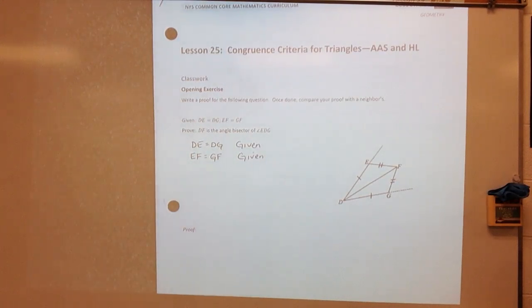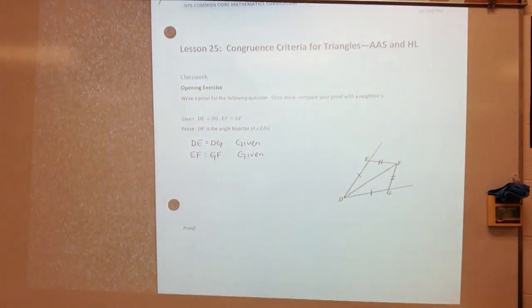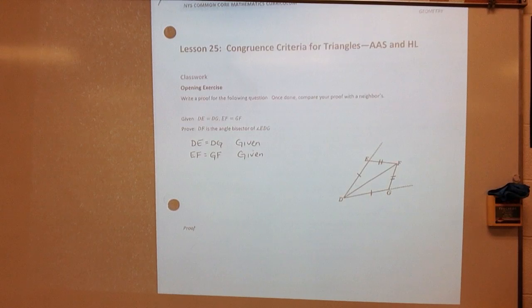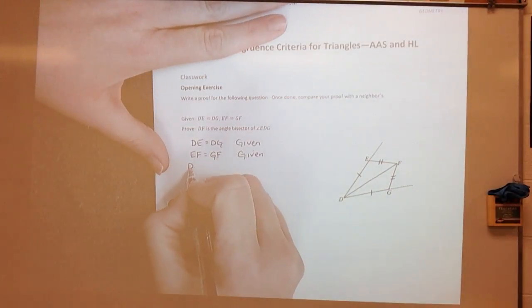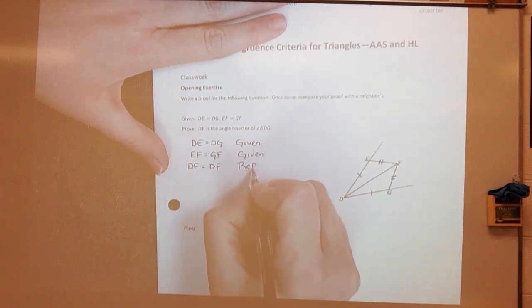It's fine. What else do we know? DF is part of both triangles, so I can prove that DF is equal to DF by the reflexive property.